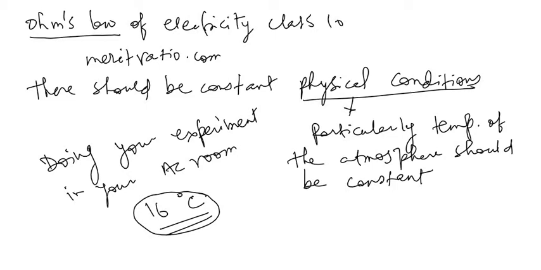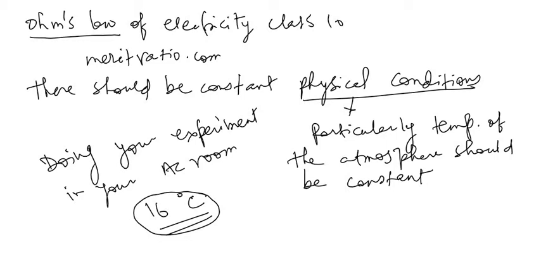That means the room temperature, whatever it may be at that time, say 27 degrees Celsius, should not change throughout your whole experiment. That is never allowed to change. If it is changed, we will never get a straight-line graph whenever drawn between V and I.